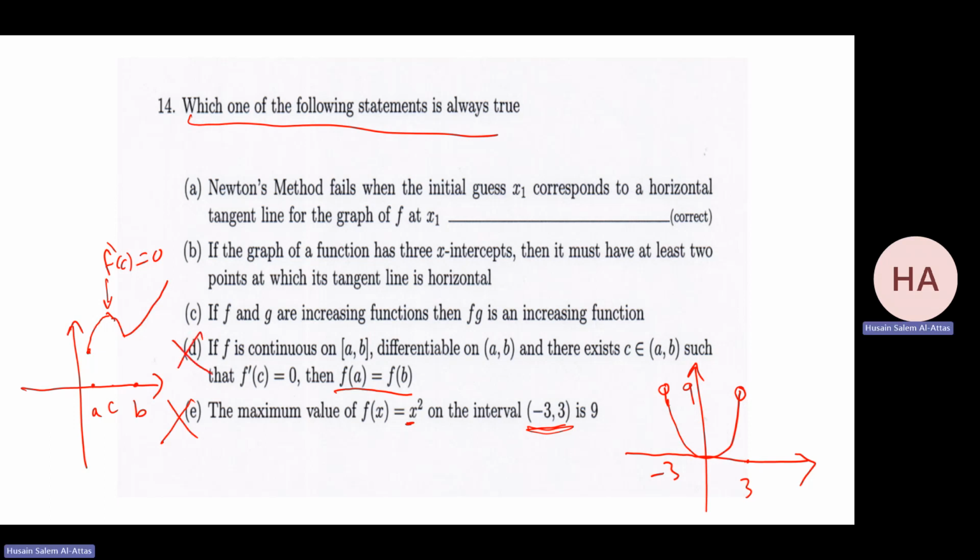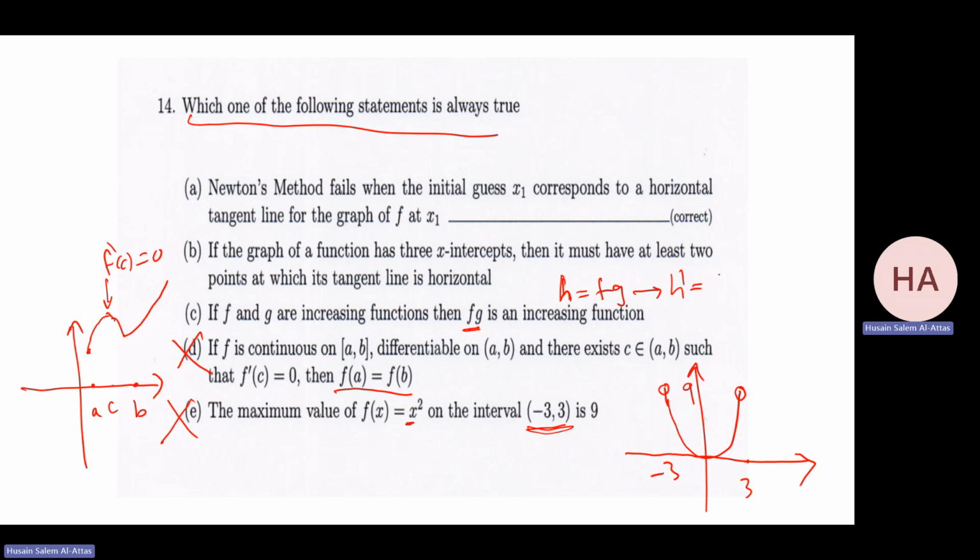It says if f and g are increasing functions, then fg is an increasing function. How can I say a function h, for example f times g, is an increasing function? If its derivative is positive.